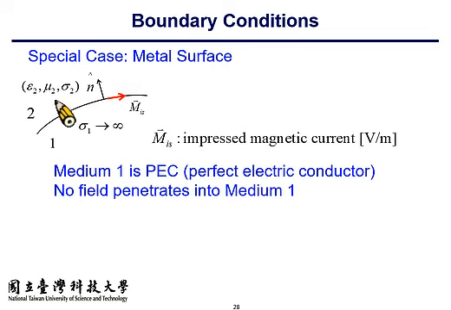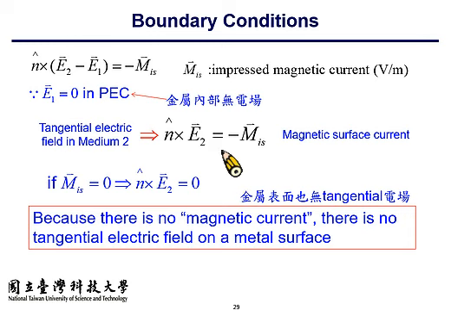So we only have electrical and magnetic fields on the other side, medium 2. All right, so let's begin with Faraday's law. The first relationship here is that the difference in tangential components of E2 and E1 equals the surface magnetic current.